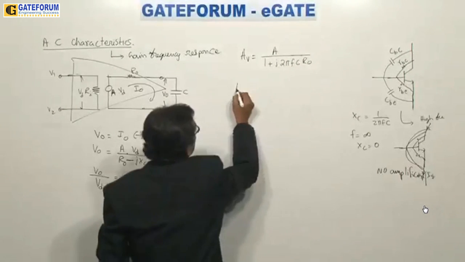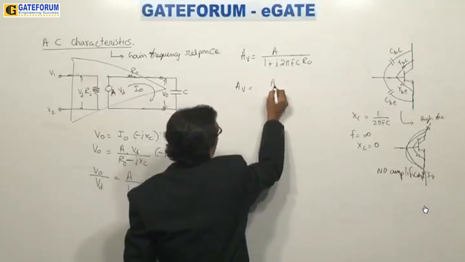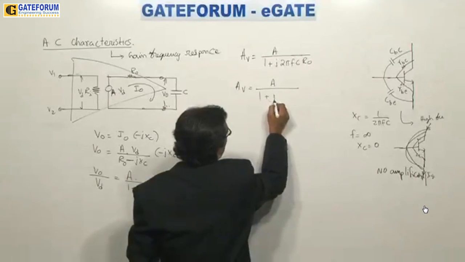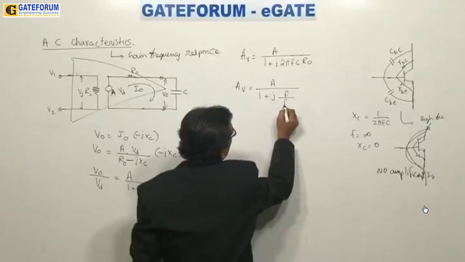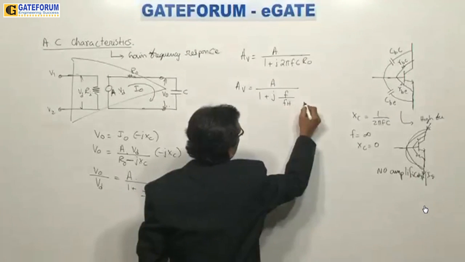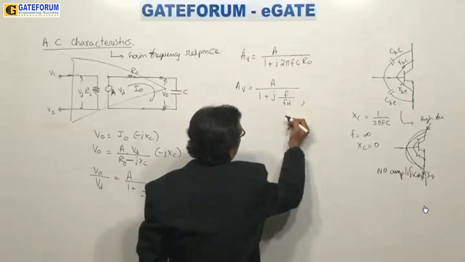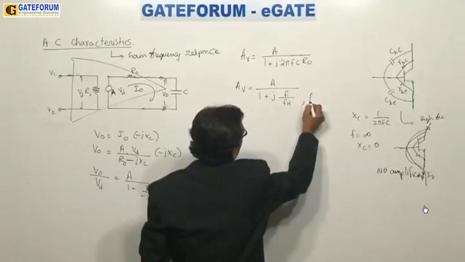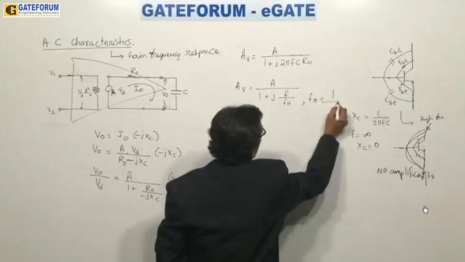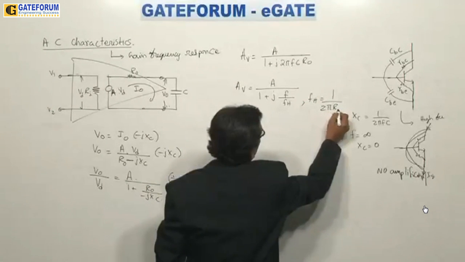I will rearrange this equation like this: AV equals A divided by 1 plus j F by FH, where FH will be equal to 1 by 2 pi R0 C.